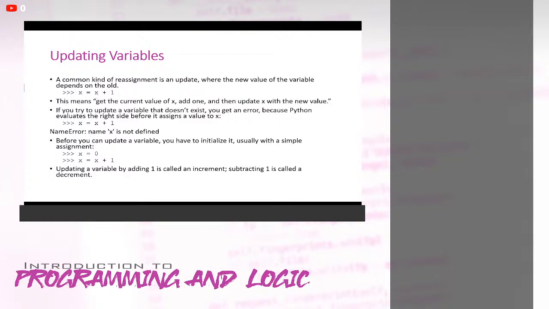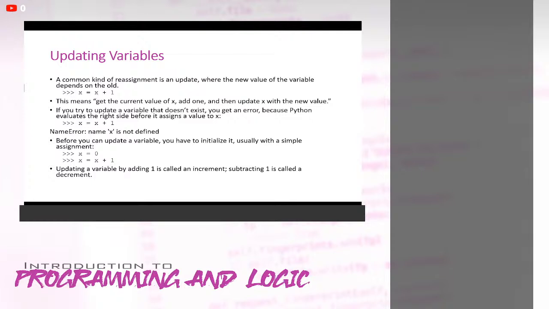Now, in order to do that, though, it is important to point out that you have to already have that variable defined. Because if I don't have a value in x yet, I can't add 1 to something that doesn't exist. So like we see in this case, in our third bullet here, we're assuming that x doesn't already exist.